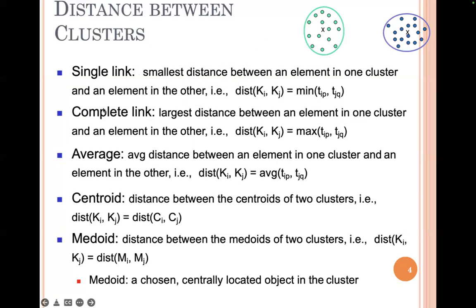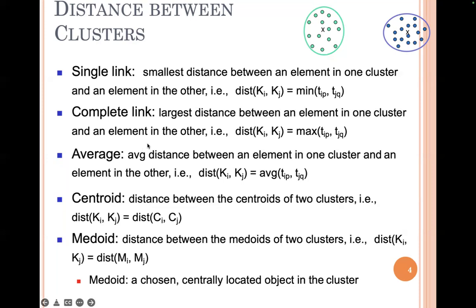Similarly, complete link is the largest distance between an element in one cluster and an element in the other. So we have to consider the max. Remember, in single link we consider the minimum, and in complete link we consider the maximum.